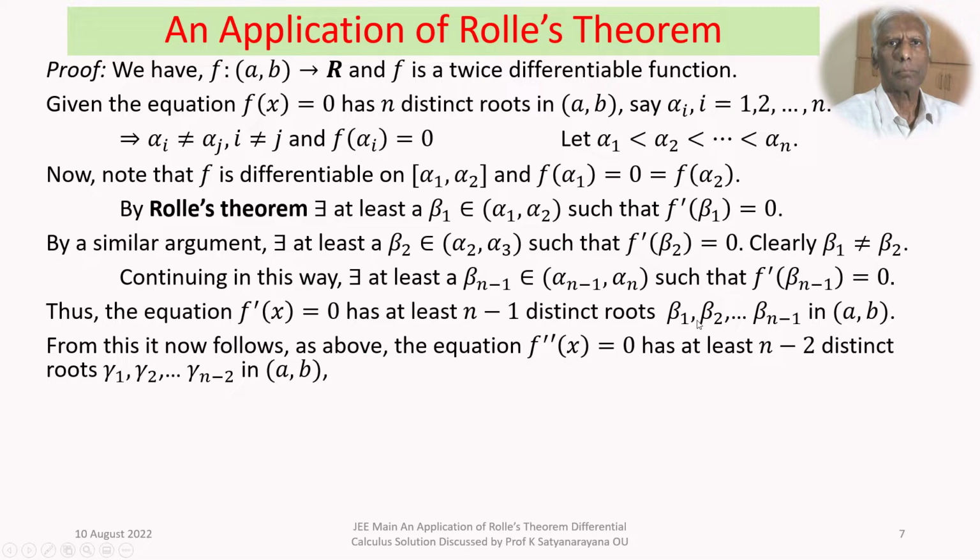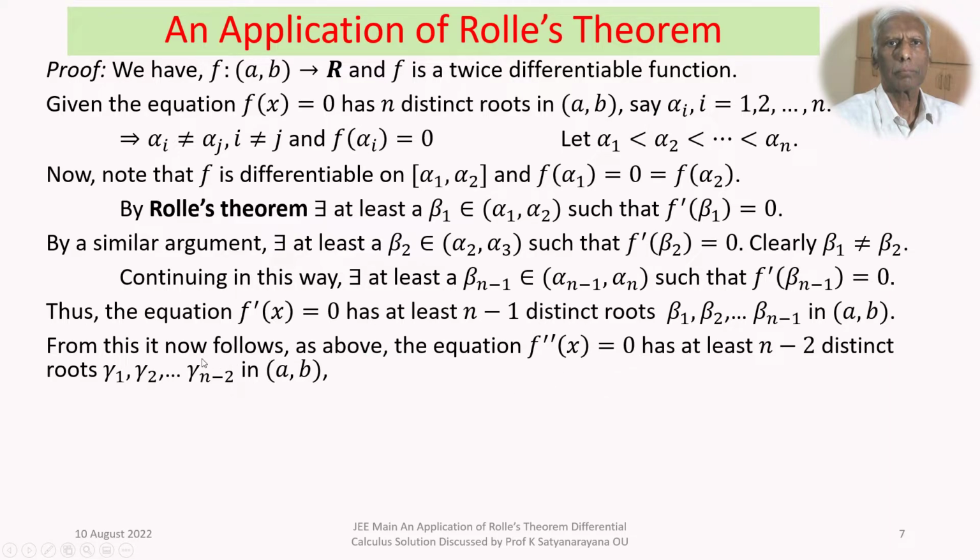If you apply Rolle's theorem, then there exists at least one point gamma 1 belonging to the open interval (beta 1, beta 2) such that f double prime gamma 1 is equal to 0. So continuing in this way, we will get gamma 1, gamma 2, up to gamma n minus 2 as distinct roots for f double prime x is equal to 0.